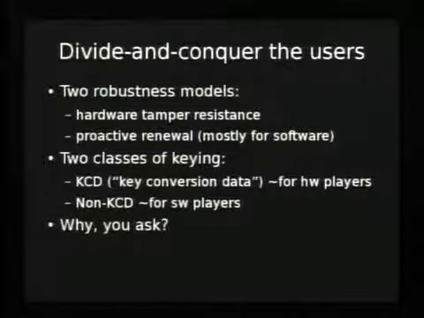So a particular version of PowerDVD or a particular version of WinDVD will have a set of device keys. And the model is, as soon as someone finds evidence that those keys have been cracked or leaked or released, they will be revoked. And then the vendor of that software will push an update to the users that has some new software security, obfuscation, whatever, to try and stop people from getting the keys.